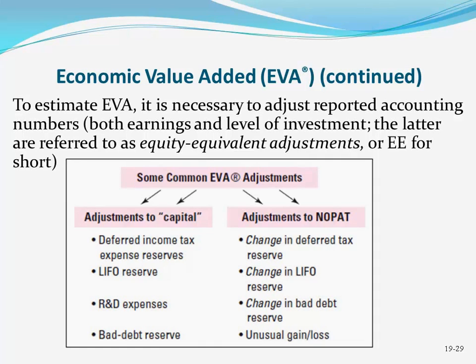So just remembering all types of possible adjustments now is not going to do you much good, except knowing what economic value added is in general, and the fact that there are many adjustments that can be made to the profit measure and to the capital, to the asset base.